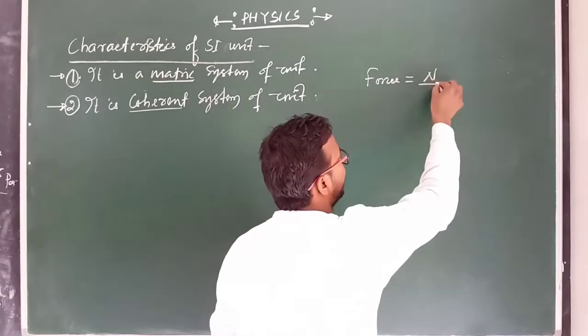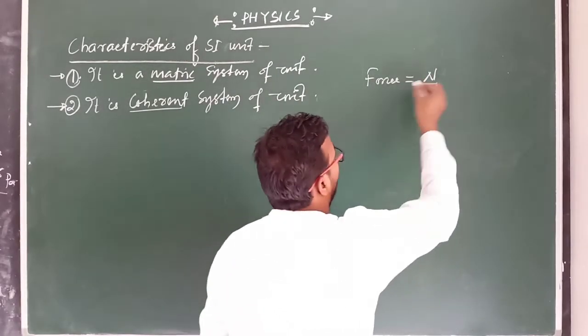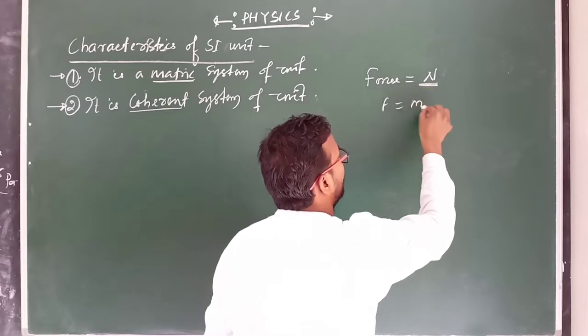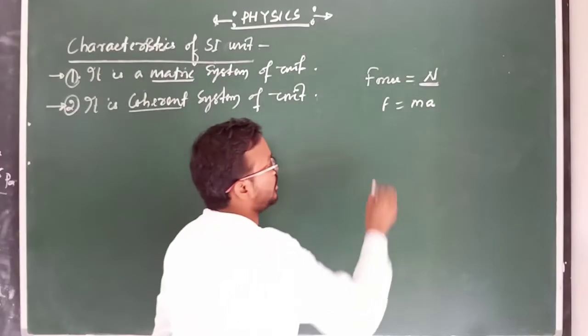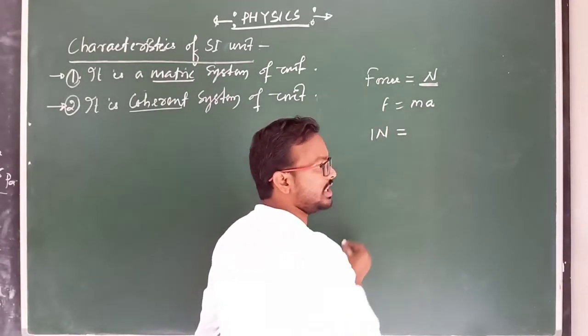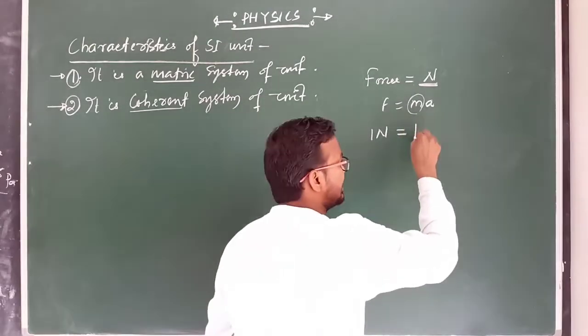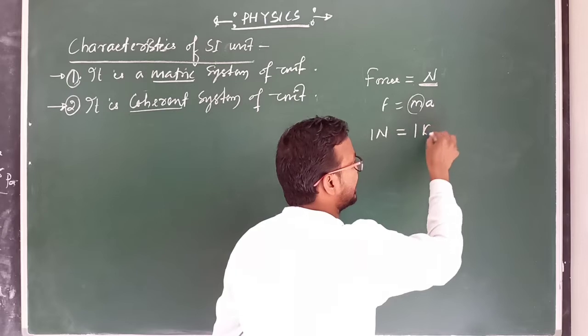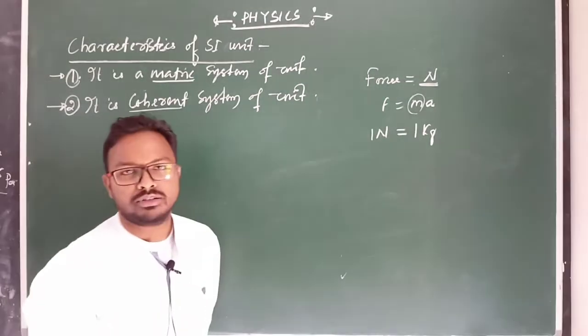And if you want to write the value of 1 Newton, then force F, we already know, is F equal to mass into acceleration. So we have to write 1 Newton force which is equal to, and for mass we take here in the SI system 1 kg, because kg is the unit of mass.